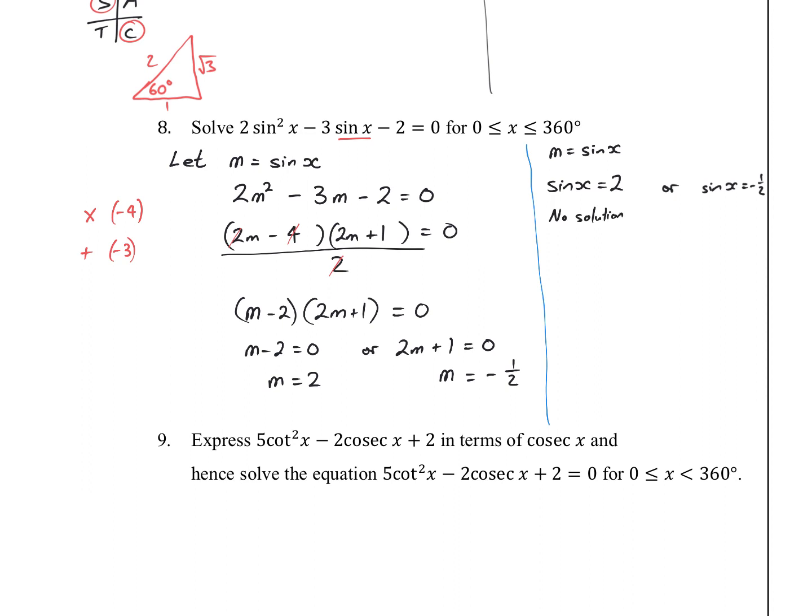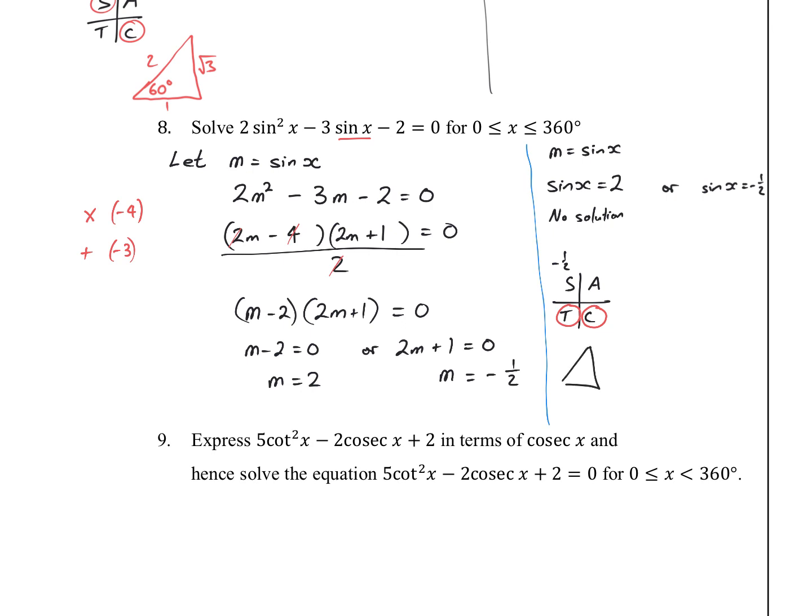So then our sine x equals negative a half. This is for the negative a half part. Where is sine negative? We're going to be looking in the third and fourth quadrants. Okay, then a half, think about our triangle.